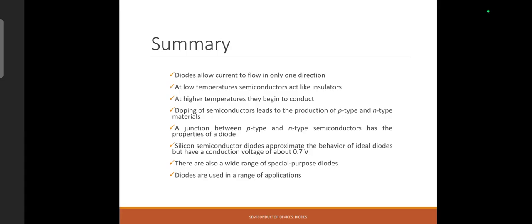So let's summarize the lecture on diode, including the previous lecture. In the previous lecture, we have seen about the diode and its basic characteristics and how the diode is formed, starting from semiconductors and material property. A diode is a semiconductor device that allows current to flow in one direction while blocking it in the opposite direction.